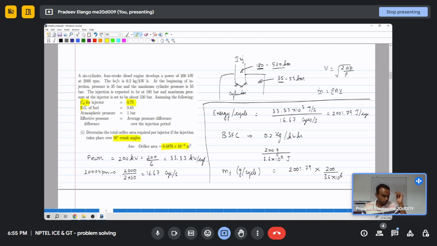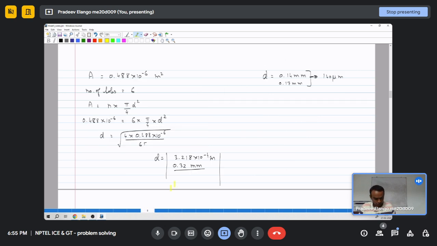And Hemant has asked what is orifice area. So the injector will have a needle like this, and then a stem or body, and the fuel will be supplied through this by some other means.